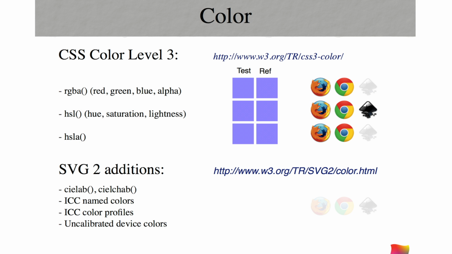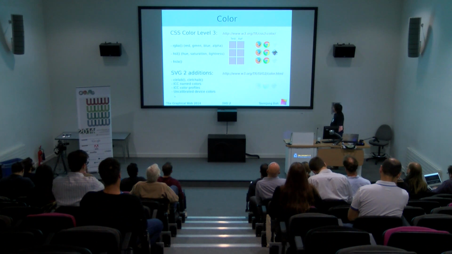And then I've tested Firefox, Chrome, and Inkscape, and depending upon the opacity of the logos, it tells you how far along each of those is in implementing that feature. So Inkscape doesn't do RGBA, where you have the ability to directly specify the alpha of a color.